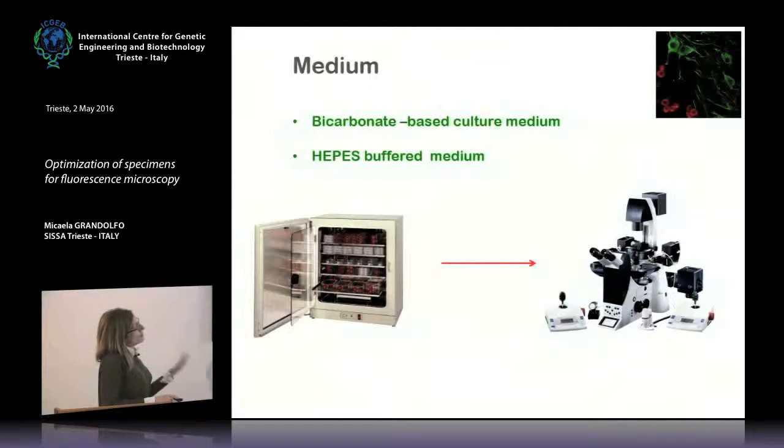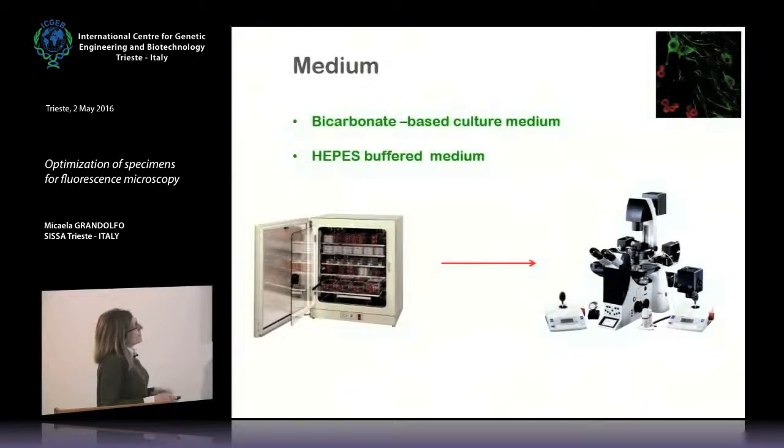Okay, the medium. In live cell imaging, you can use media very similar in terms of components to the medium that you use to grow your cells in the cell incubator.